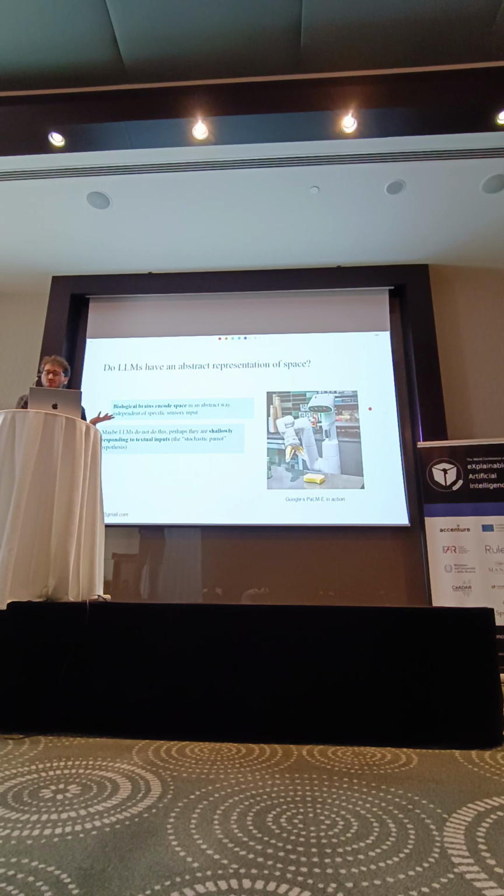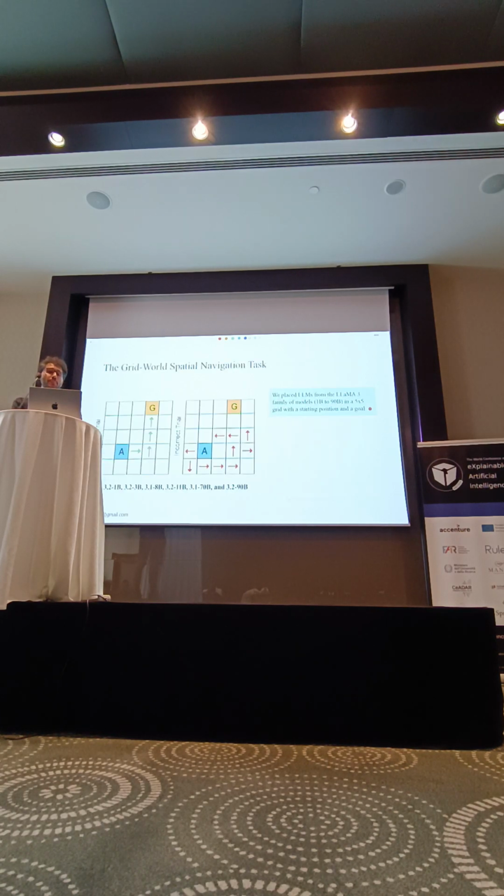So maybe LLMs do not do this. Perhaps they are just shallowly responding to textual inputs and not encoding this space abstractly, which would be kind of like the stochastic parrot hypothesis. But if they do encode spatial information, we ask if they do this during navigation tasks and if they do it in an abstract way.